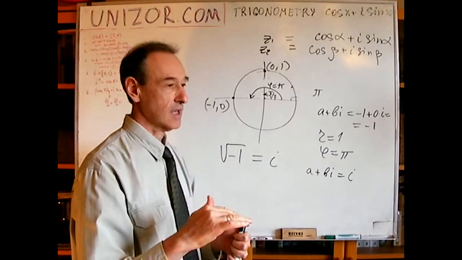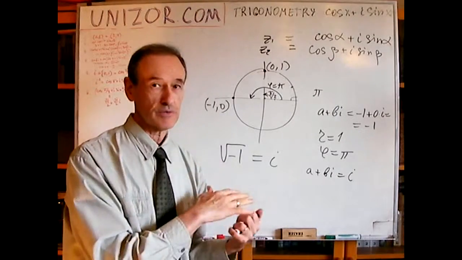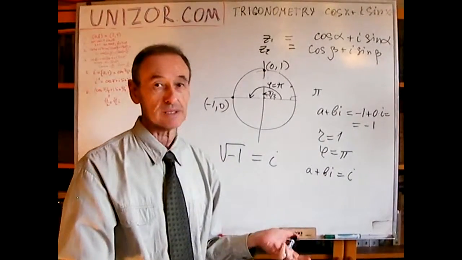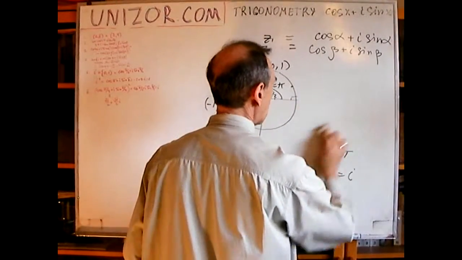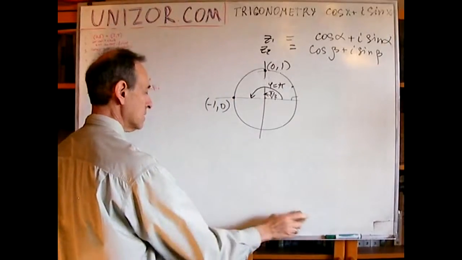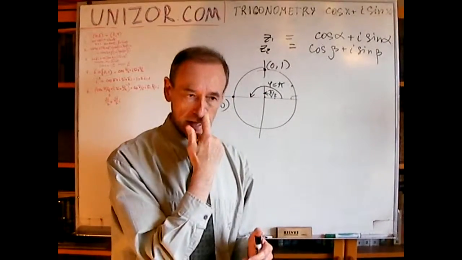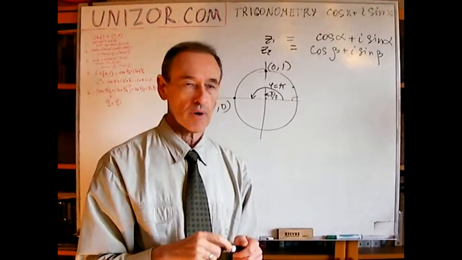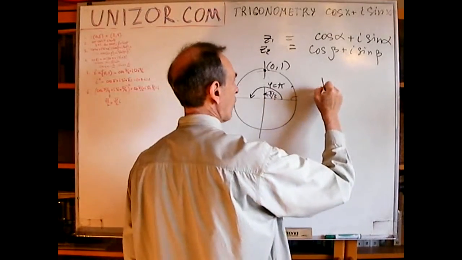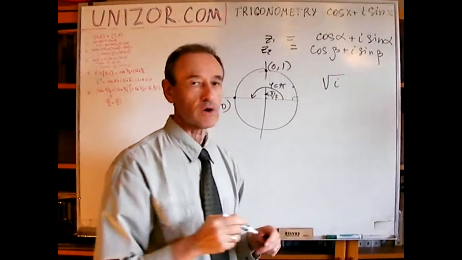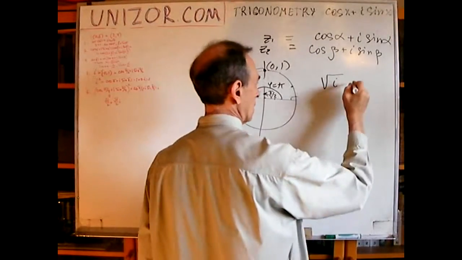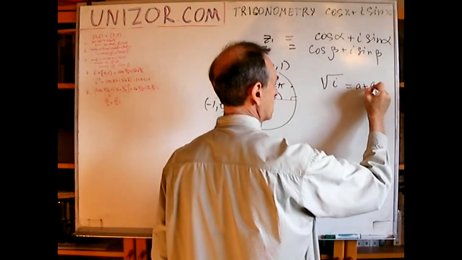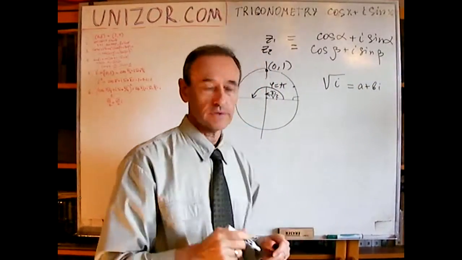Now, here is something slightly different, less trivial. I mean, this is trivial because this is basically a definition, but this is a little bit less trivial thing. Let's start with i. Now, in one of the lectures about complex numbers, I presented you with a problem. Express square root of i in the regular a plus bi form of the complex numbers.